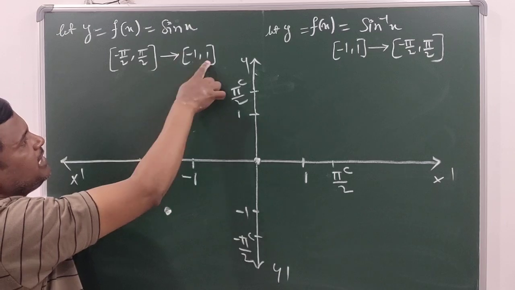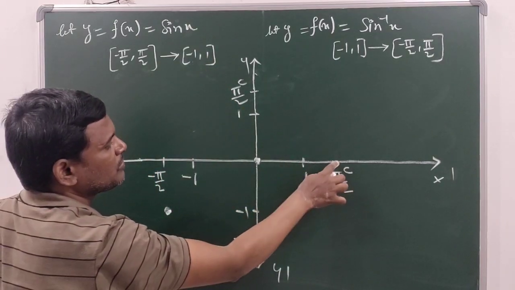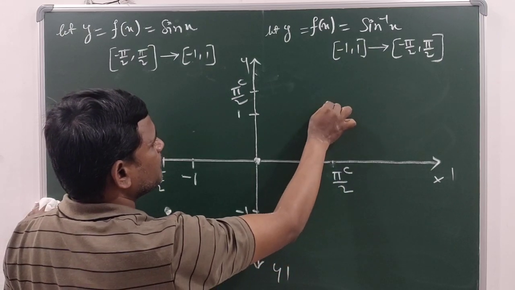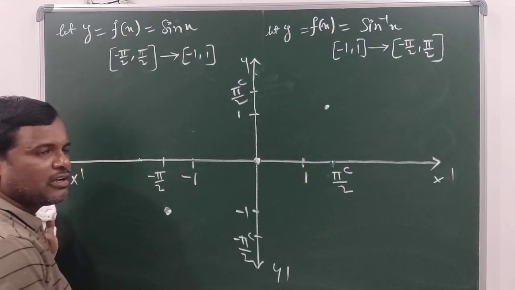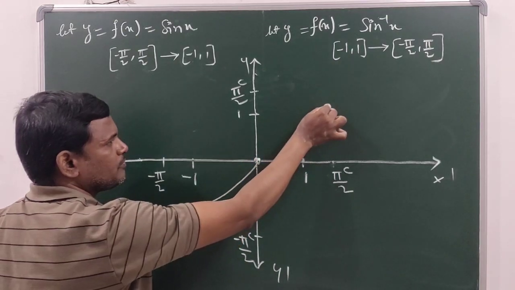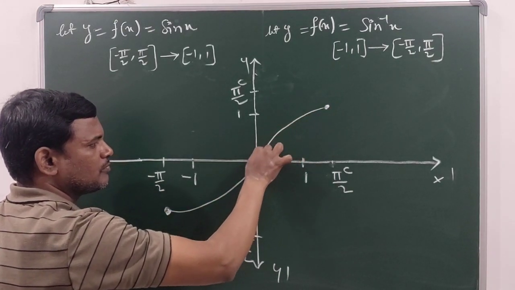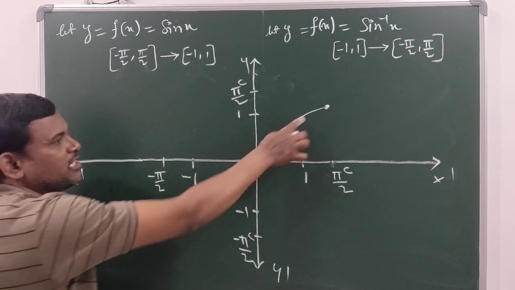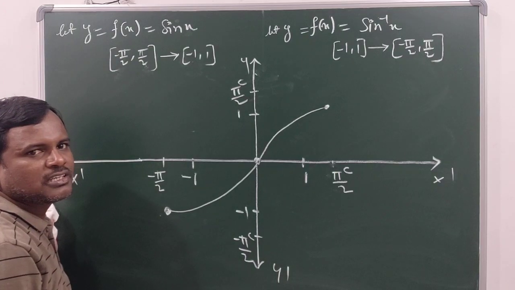And when you write 90, sin 90 is 1. The x value is 90 and the y value is here 1. Okay, so you will get the sine function graph like this. Between minus 90 to 90, you get the sin x graph like this.